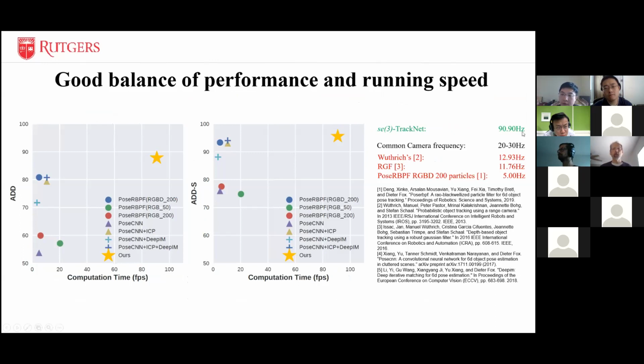The thing here is that we are actually evaluating at the camera's frequency, and this 90 hertz is only to measure the running time. So in real practice, we're still using the TrackNet to track with images captured by 20 to 30 hertz cameras. Thank you. Yeah.